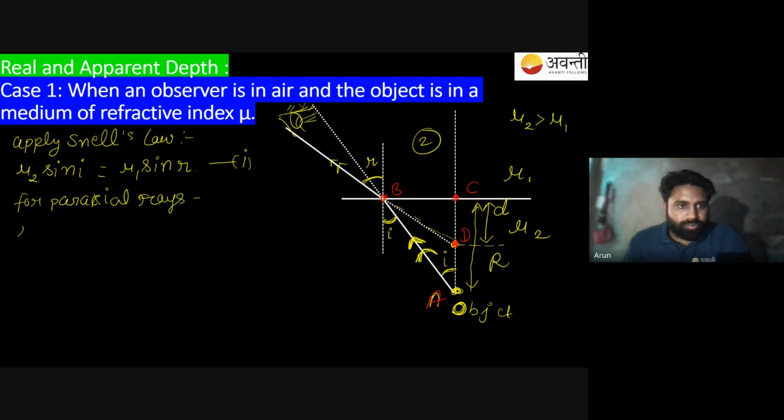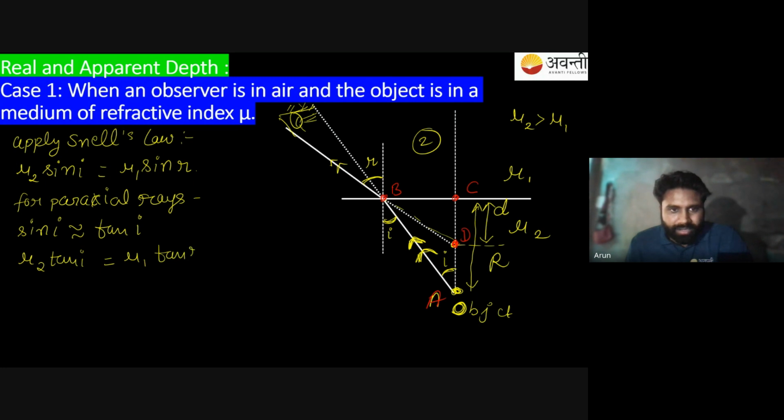Okay, so sin I would be considered as, because I is very small, so sin I would be considered as tan I. Okay, got it? So if you apply it, then this equation would become mu2 tan I equals to mu1 tan R.